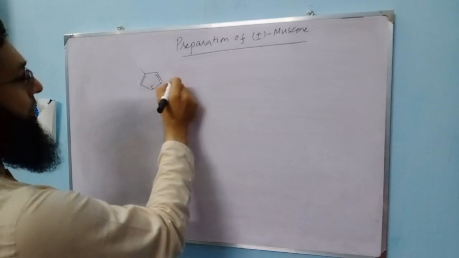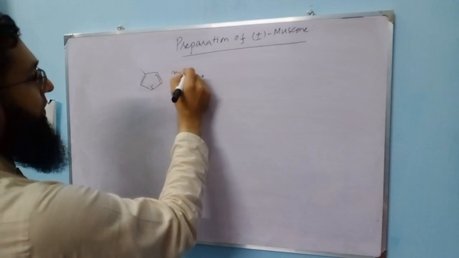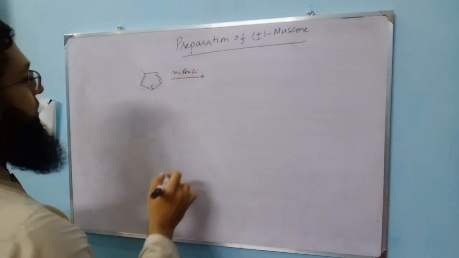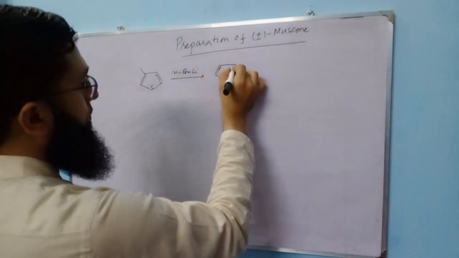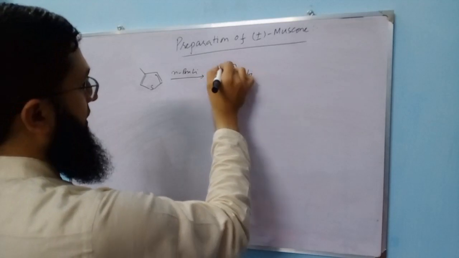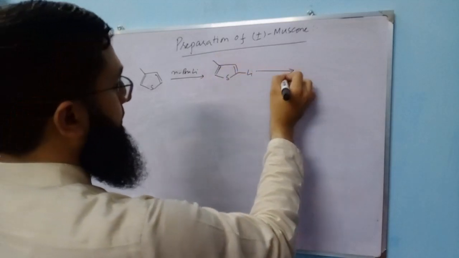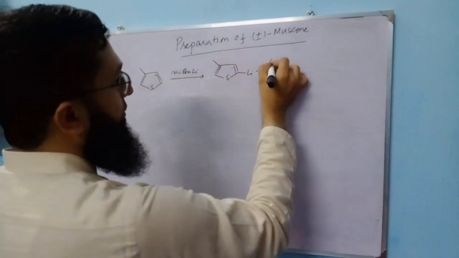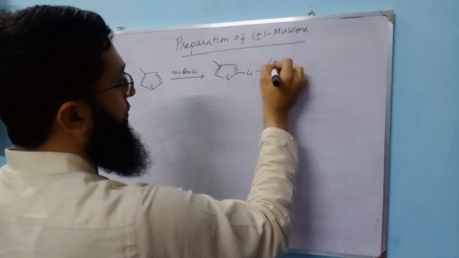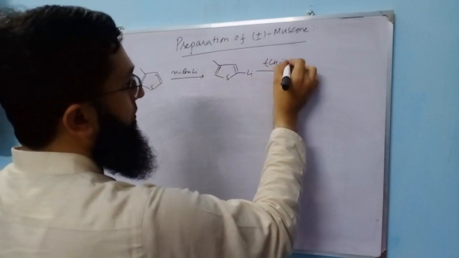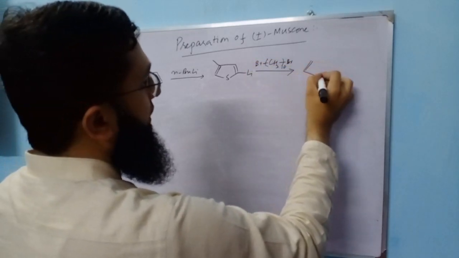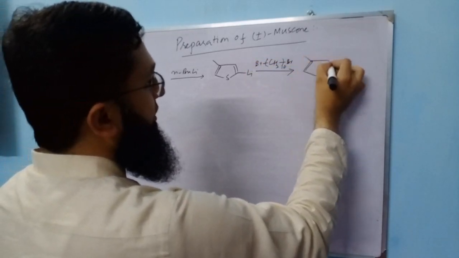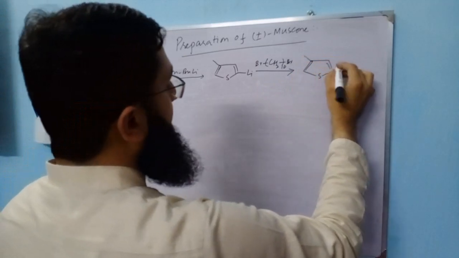In the first step, n-butyl lithium is reacted with 3-methyl thiophene, and we get this. Now this is made to react with a special dibromide, which results in the formation of this halide.